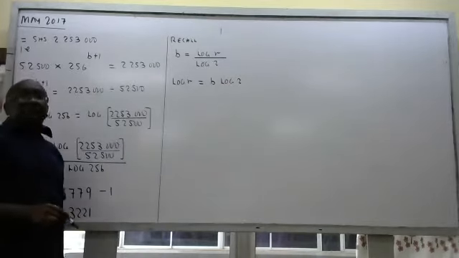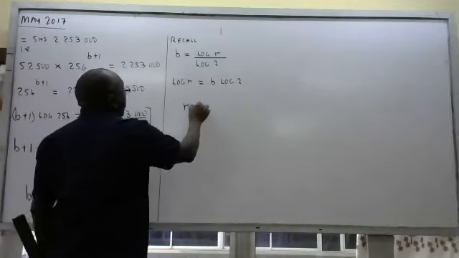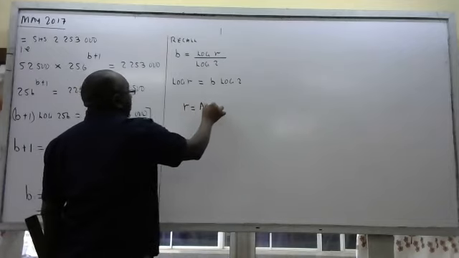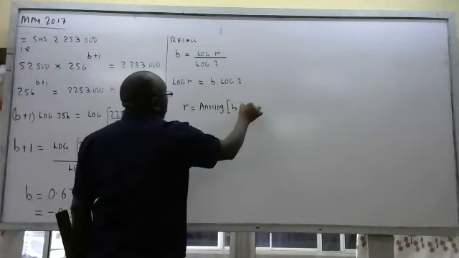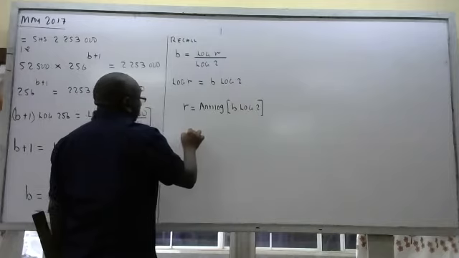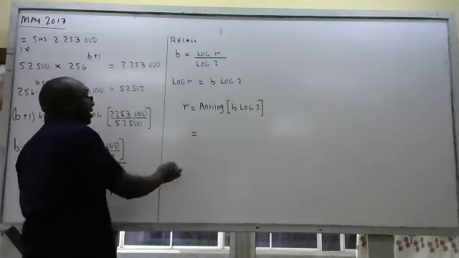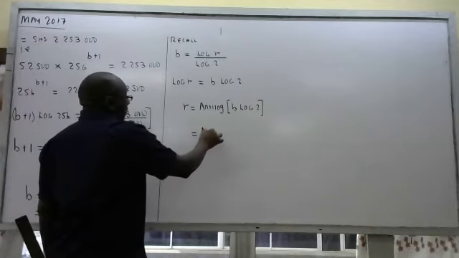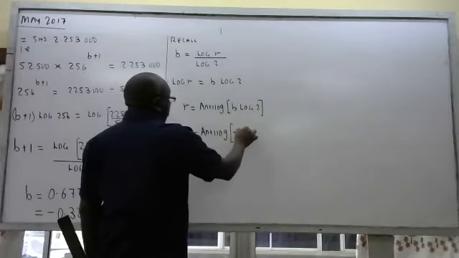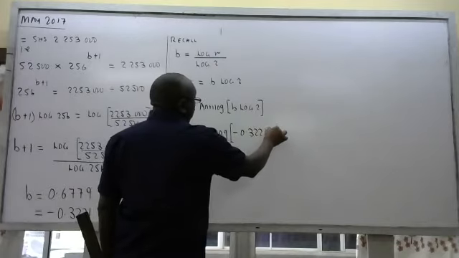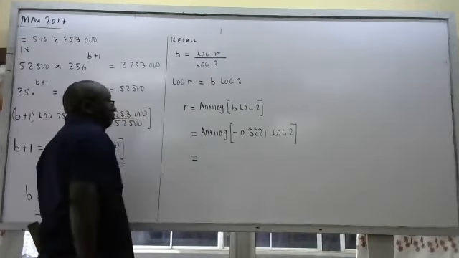And I want to have R finally on its own. It will be R is equal to the antilog of B log of 2. Antilog is the inverse, the other word for the inverse. So I'm looking for the antilog of minus 0.3221 log of 2.